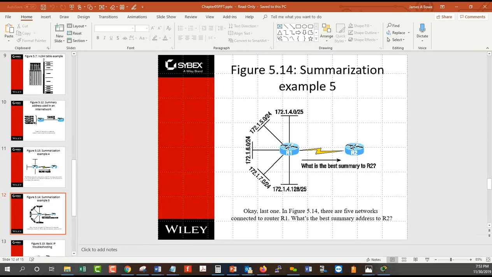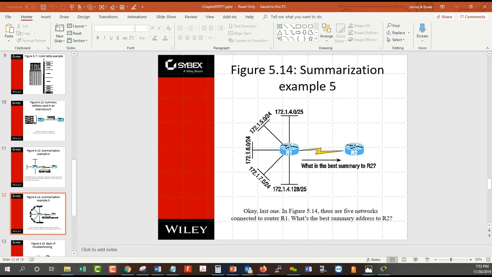Again, here's another summarization example. I think I did this one in class. We'll go over it again. If you look, they all start with 172.1. So we've got 172.1.4.0, 5.0, 6.0, 7.0, and down below here we have 4.128.